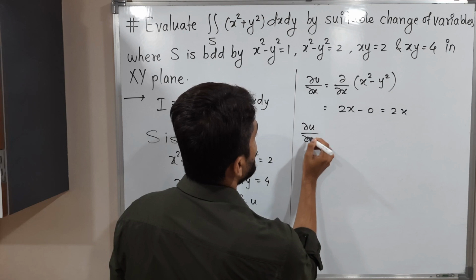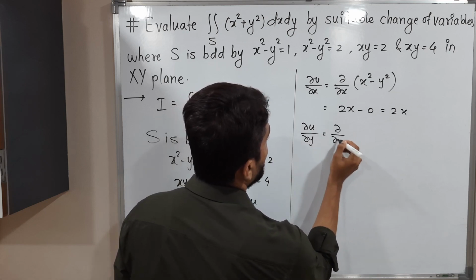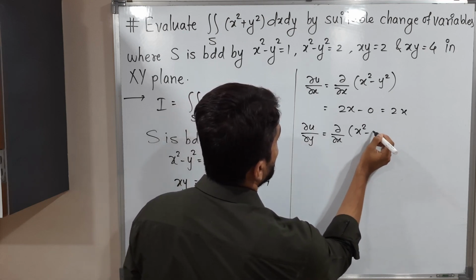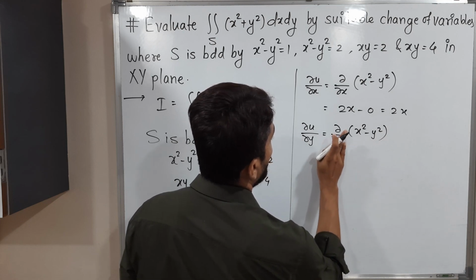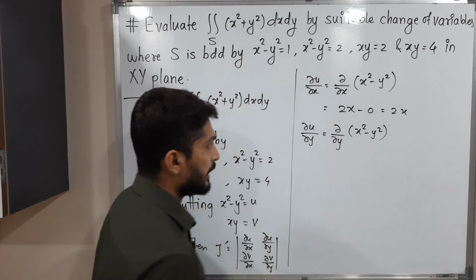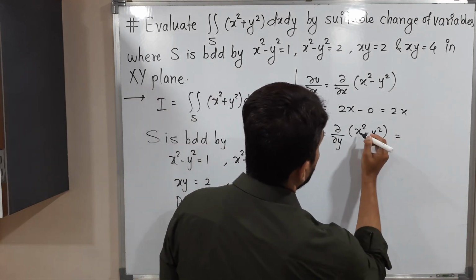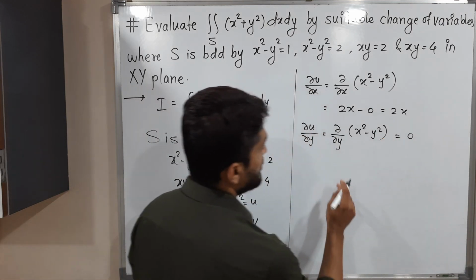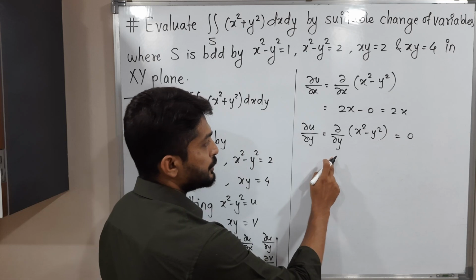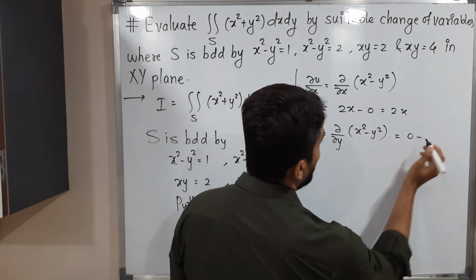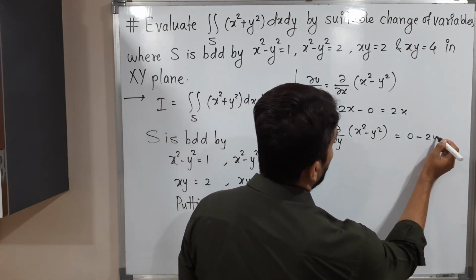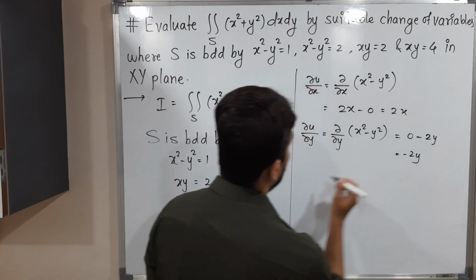Derivative of u with respect to y. So we are going to find the derivative of the same function with respect to y. Subtraction is there, we can take separate derivatives. Derivative of x square is 0, since it is constant when we differentiate with respect to y, minus the derivative of y square, which is 2y. So the answer is minus 2y.